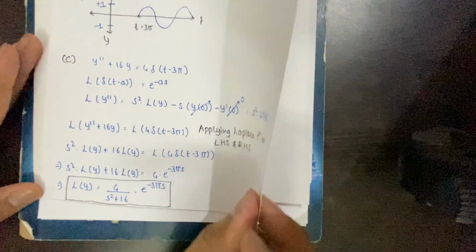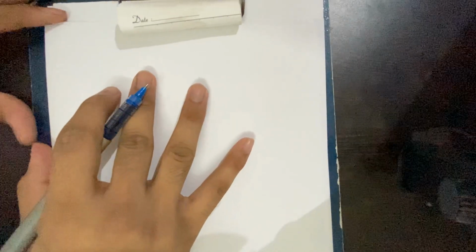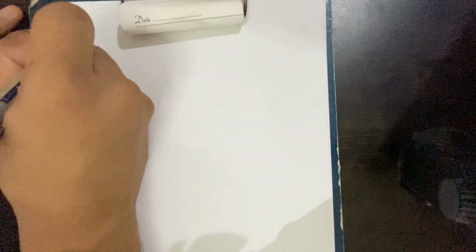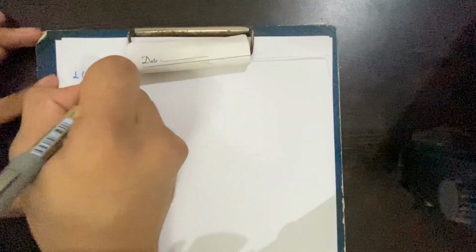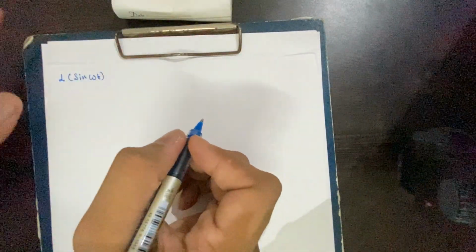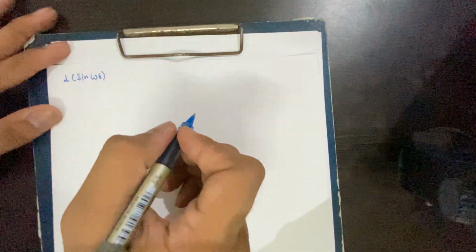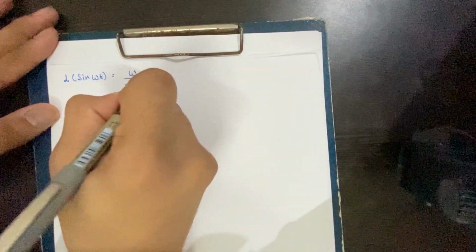So okay, let's start from here. Now, one more result we should know is that Laplace of sine omega t equals omega by s square plus omega square, which is extremely similar to what we have over here.